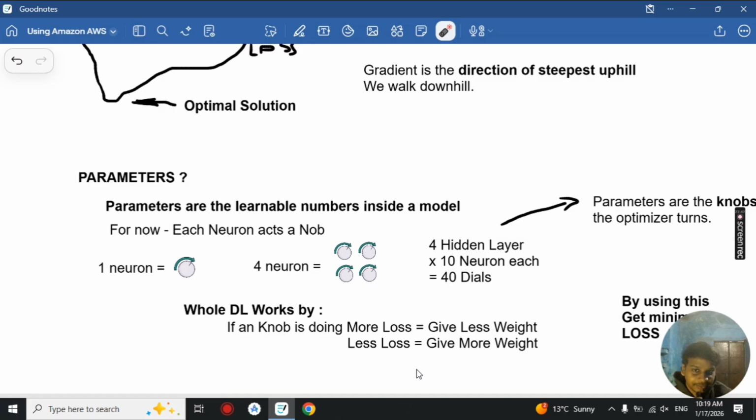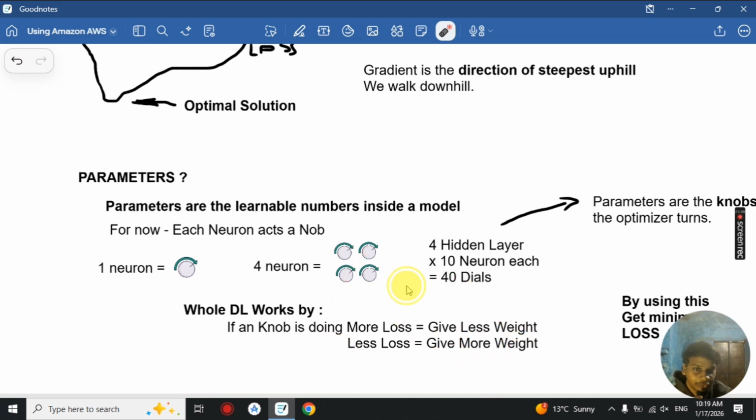The whole of deep learning works by revolving that dial. If this knob is gathering more loss here, we give it less weight, and if this knob is causing very little loss, then we give it more weight.